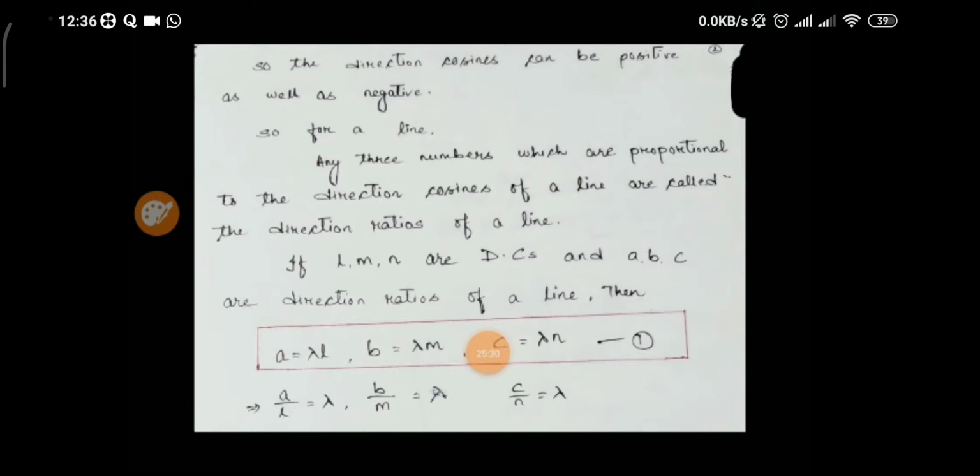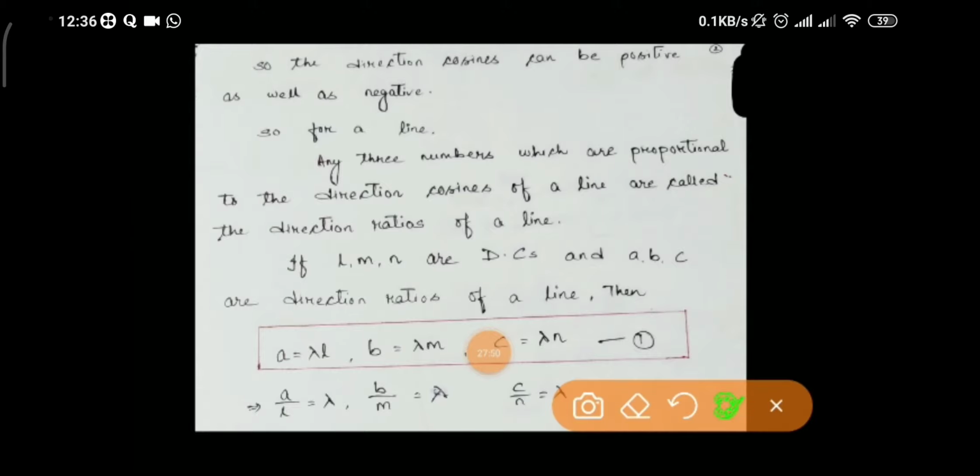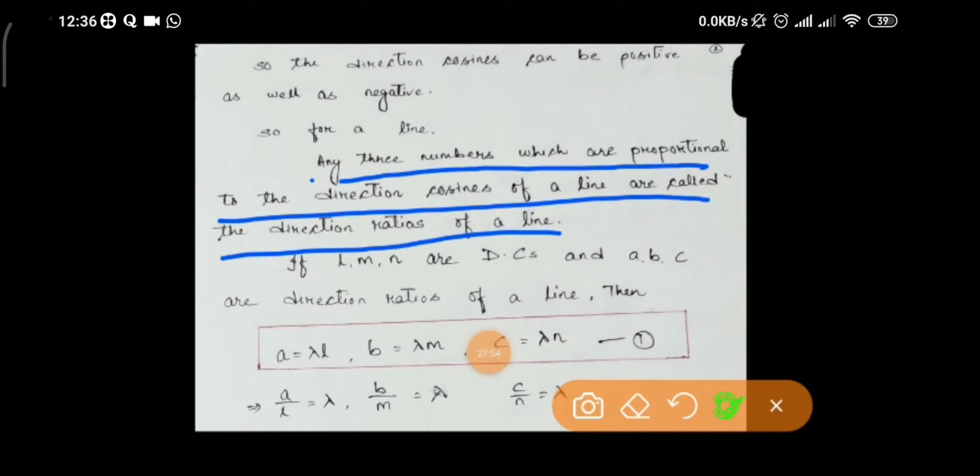It can be in points, it can be an integral value, it can be a decimal value. Okay, so don't need to worry. And this is not exactly the definition, this is the relation between direction cosines and direction ratios. Direction cosines we already found out how to find.